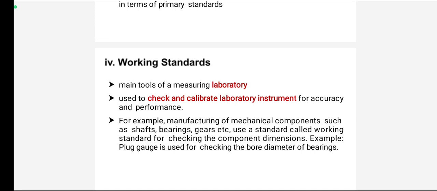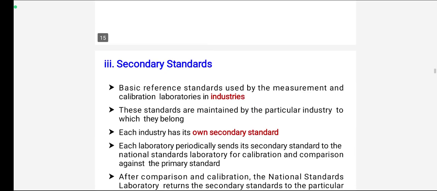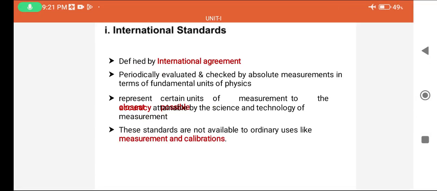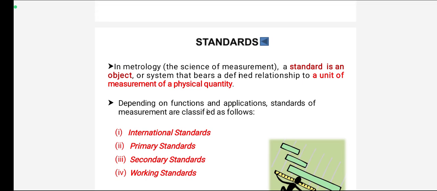The working standard is the main tool of the measuring laboratory, used to check and calibrate industry laboratory instruments for accuracy and performance. So these four are the standards in metrology.